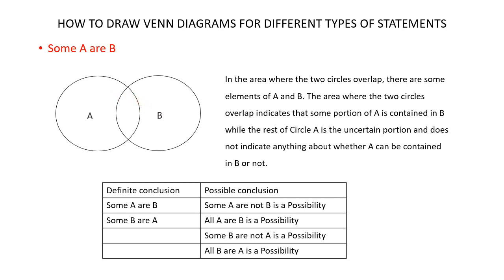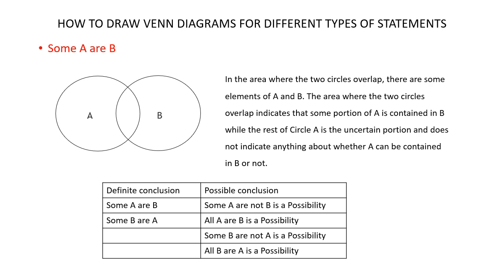So this gives rise to two possibilities. In the first case, this portion of A cannot be contained within B. This means this portion of A cannot be B. So this means that some A are not B is a possibility.